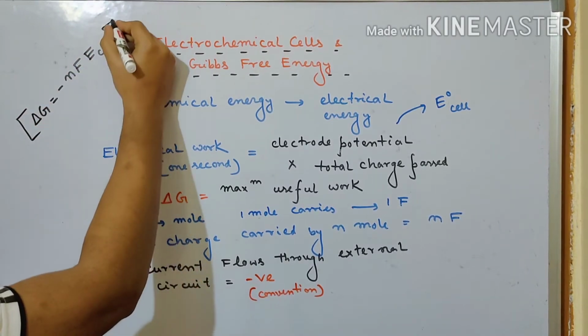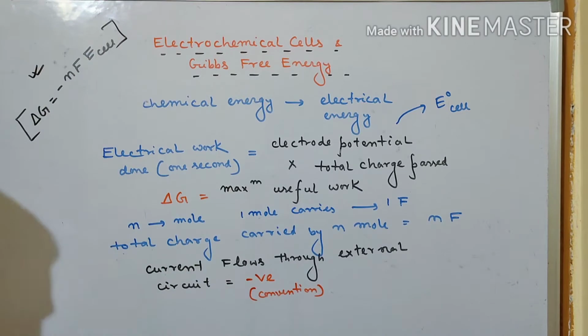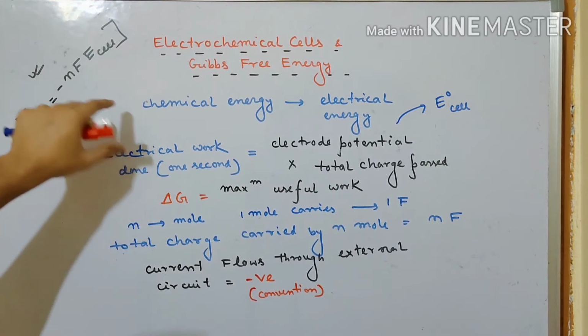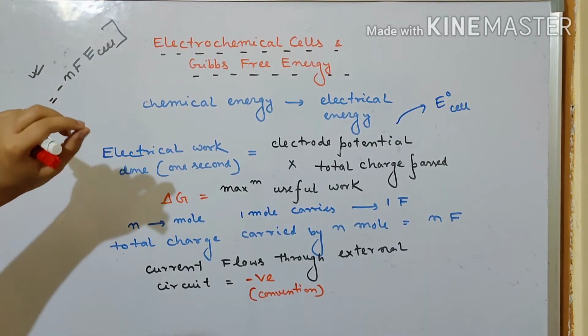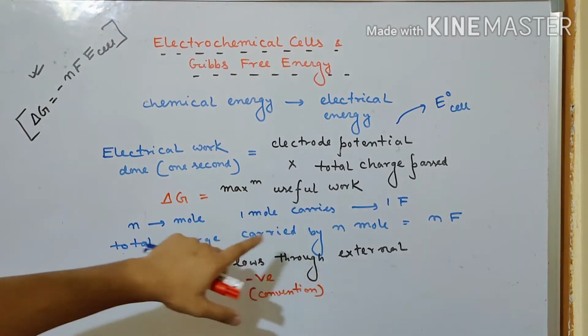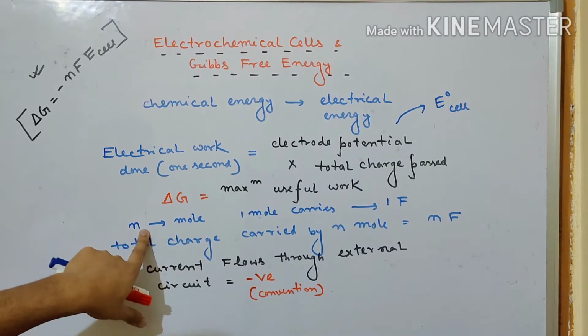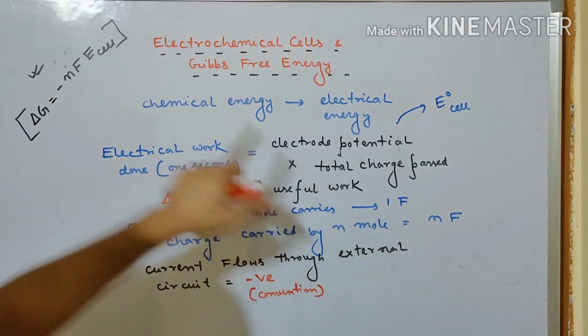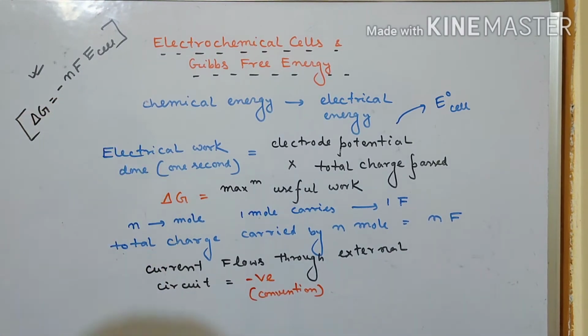This equation is very, very important, because here we are calculating the maximum useful work that can be obtained from the system. It is the electrode potential into total charge. If the number of moles is n and 1 mole contains 1 Faraday, n moles will contain nF. We multiply that with E0 cell.